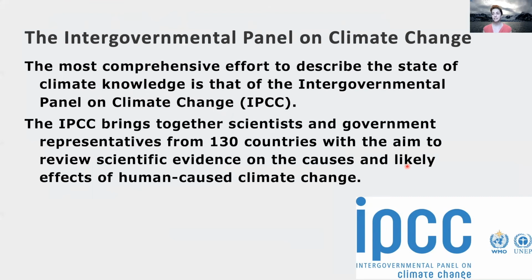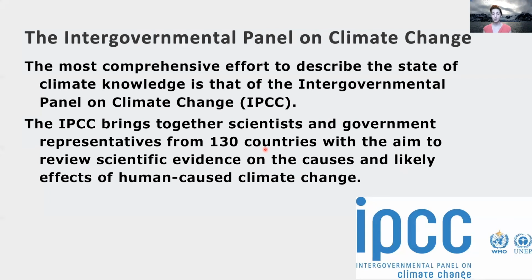The IPCC brings together scientists and government representatives from 130 countries, all with the unified aim to review the scientific evidence and the causes and likely effects of human-caused climate change.